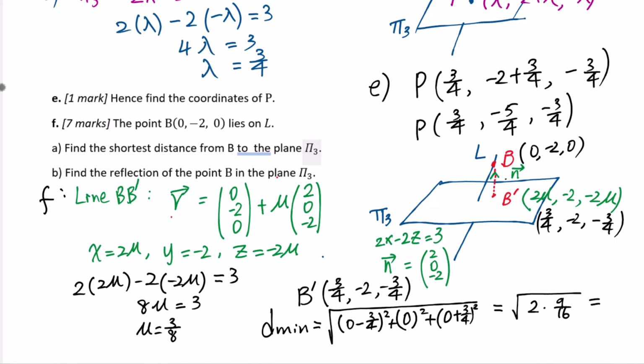Take out 9 over 16, 3 over 4 square root of 2.